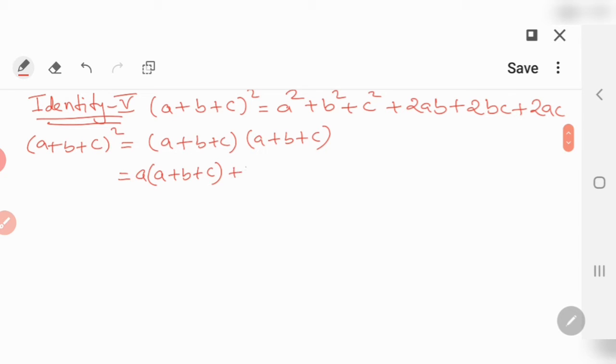Then with plus b again you multiply the whole set of second term, okay? That is a plus b plus c. Then with this plus c again you multiply the whole set of second term, a plus b plus c.